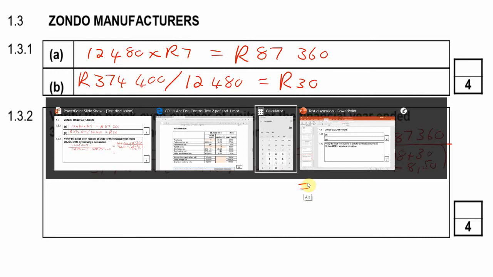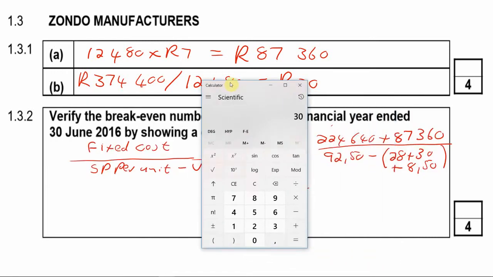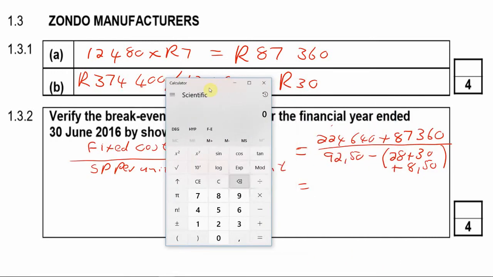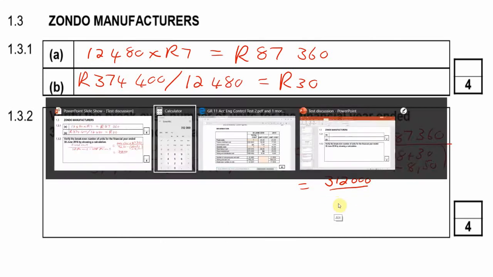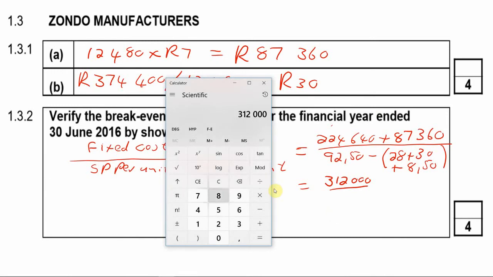So now it's a matter of using the calculator and seeing if we get to 12,000. We have 224,640. We have to add the 87,360. So that is 312,000. And we have to divide by, okay, let me first add up all these.